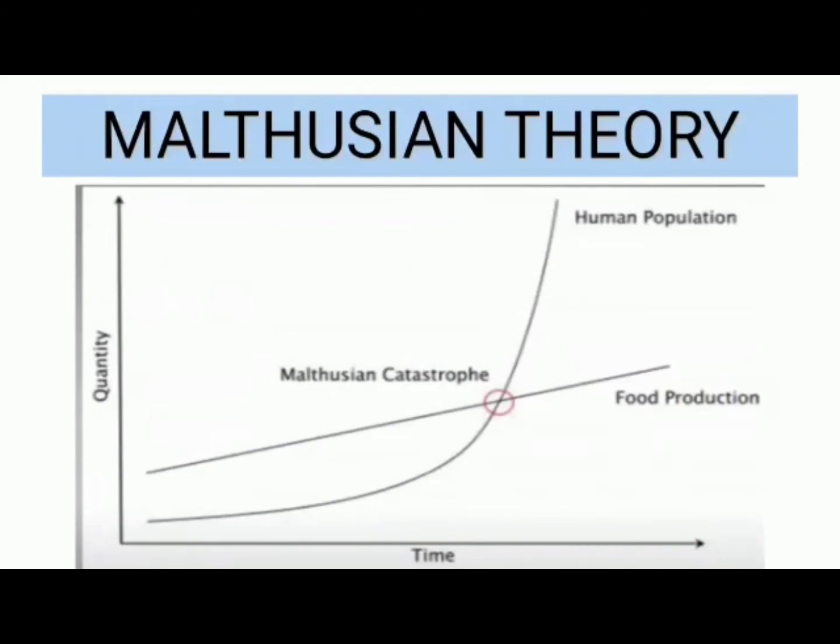Robert Malthus predicts that if population is not curtailed, then mankind will suffer from famine, disease, war, and poverty.